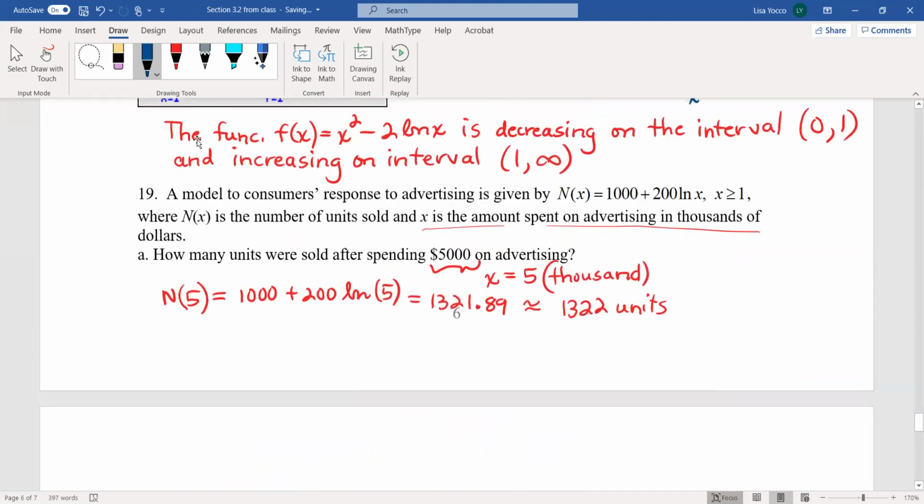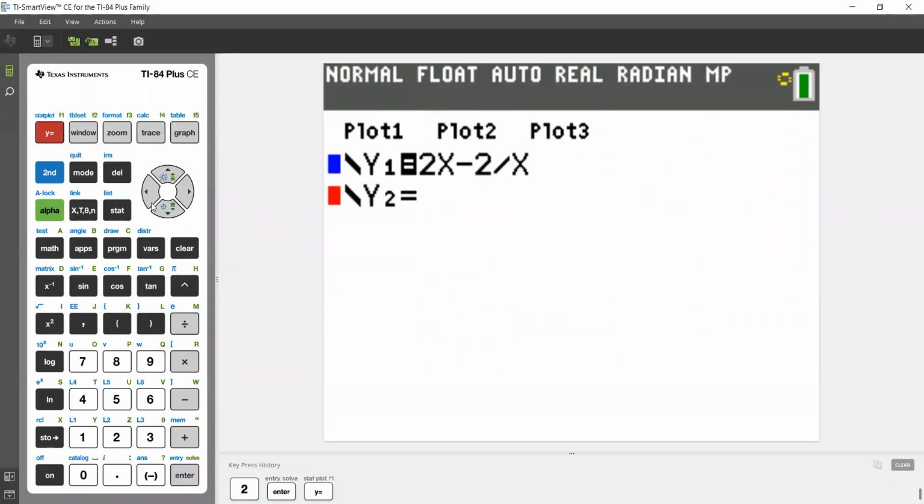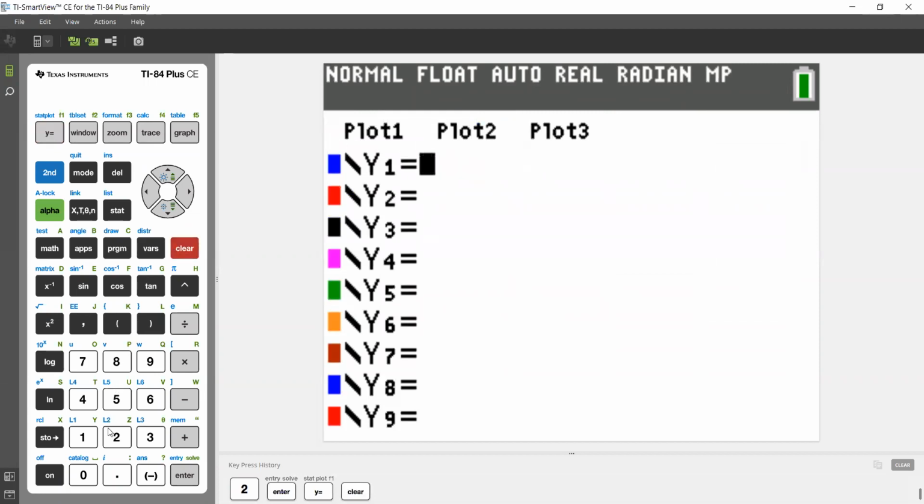So let's see what they're trying to get after in this last question. 1000 plus 200 ln of x. So I'm going to look at this in my calculator. Gosh, I can't even think.